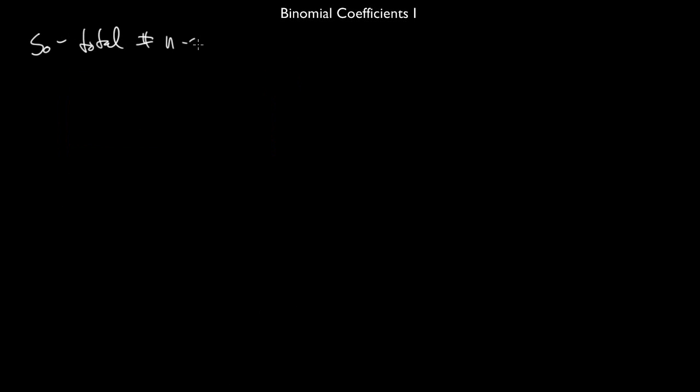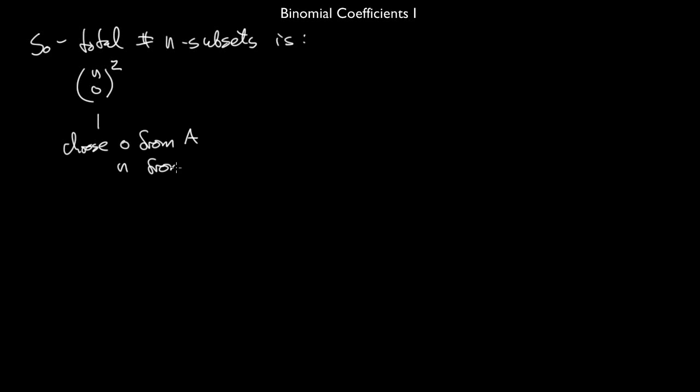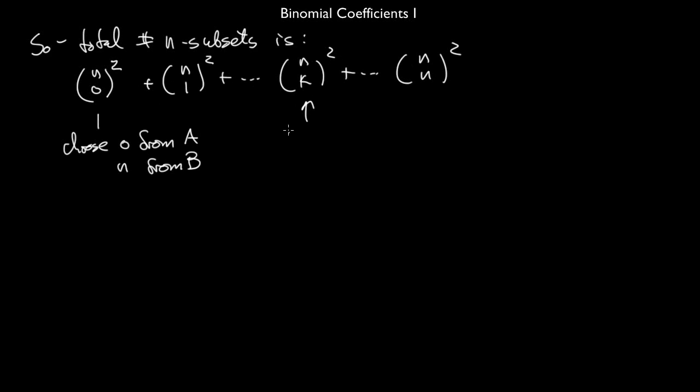So let's see what we have. What's the total number of ways of choosing an n-subset of a 2n set? Well, it could have 0 elements from the first set and n from B, or it could have 1 element from the first set, and so on up to k elements and all the way up to n elements.